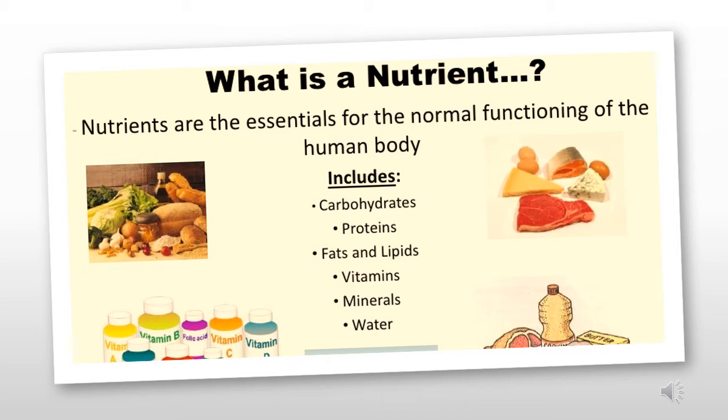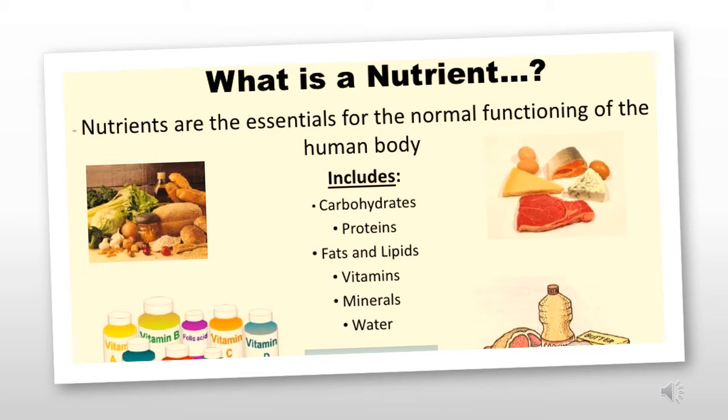Now these nutrients, depending on how much quantity they are required in, they are further classified as macronutrients and micronutrients. So among these nutrients, the ones which are required in larger quantities for our body are known as macronutrients.